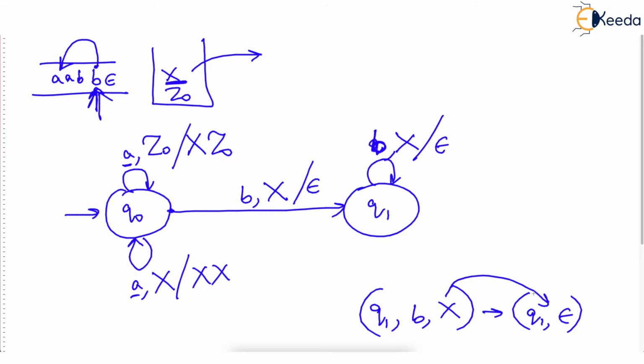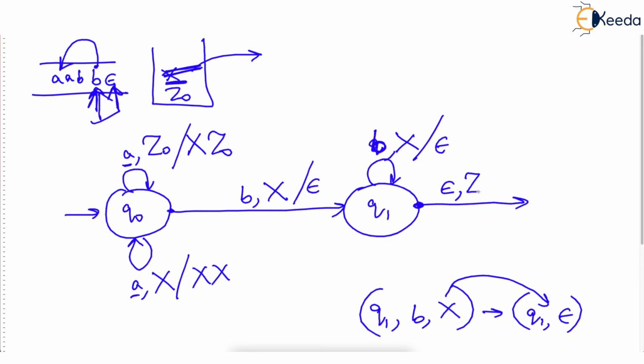So now, which is the next symbol that will be read? B is already done. Next symbol read will be epsilon. Just see, this X also has been popped, and now epsilon is getting read. But which state is reading epsilon? Yes, Q1 is reading epsilon. And we will then say Q1, if you have nothing yet to read, then what should be the top of the stack?